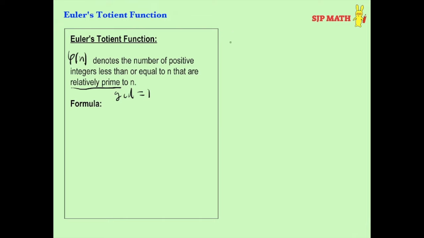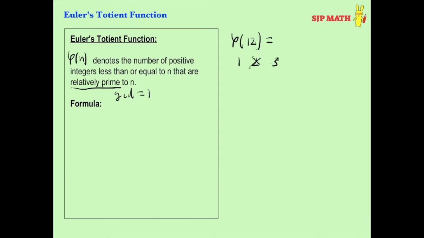So let's try to get an idea of what it is. Let's look at what totient of 12 is. Let's look at all the positive integers from 1 to 12 first. 1 has a GCD of 1 with 12, so it works. 2 has a GCD of 2 with 12, so it does not work.